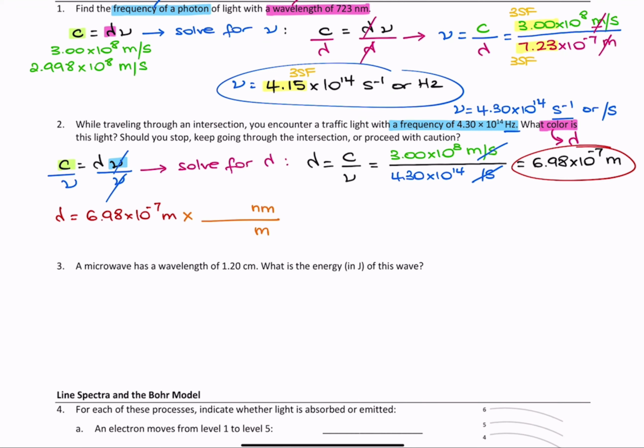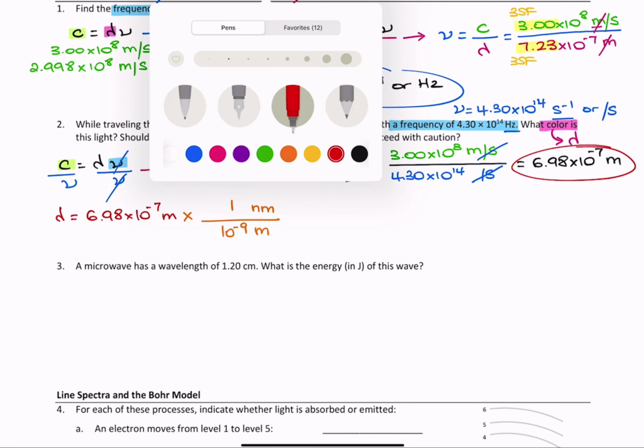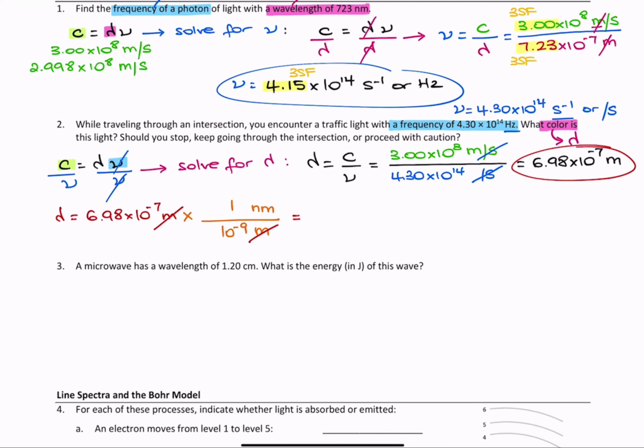Remember that where the prefix is, you always have a 1, and you will translate the prefix underneath on the other side of the division line, negative 9. Therefore, lambda in nanometer is equal to 698 nanometer.